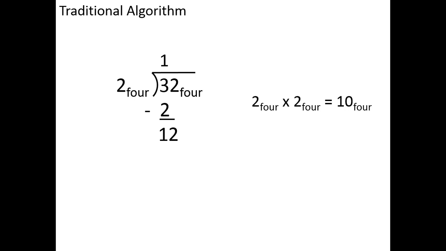I'm thinking in base 10, that's my 6 blocks, right? Now I have to come up with a way to take that number of blocks and divide it into 2 equal groups. So multiplication may help me to see how many times I can get these blocks into 2 equal groups. And if I take 2 base 4 times 3 base 4, that gives me 1 2 base 4, which would mean I don't have any blocks left over.